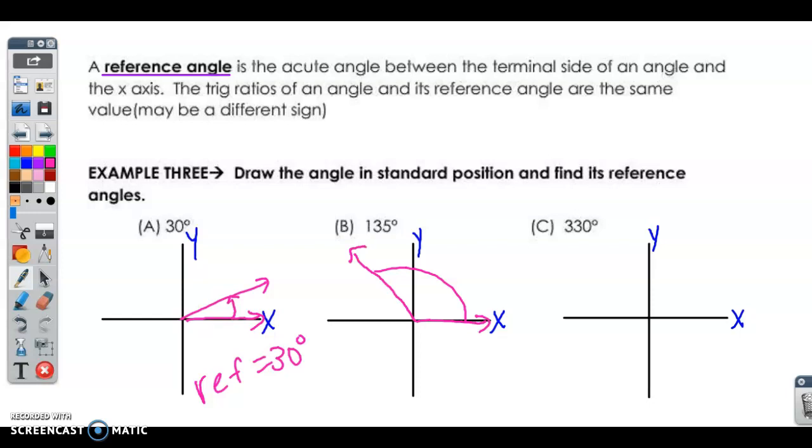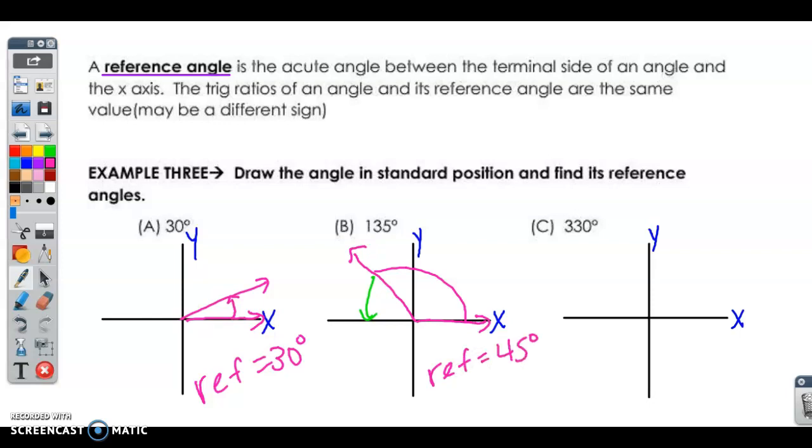Okay, but now how far away is the terminal side from the x-axis? Well, the closest way to get to the x-axis is this direction. So how far is that? Well, you can just do 180 minus 135. But I usually just think, well, there's 45 left. However your brain figures out that it's 45 degrees is perfectly fine.